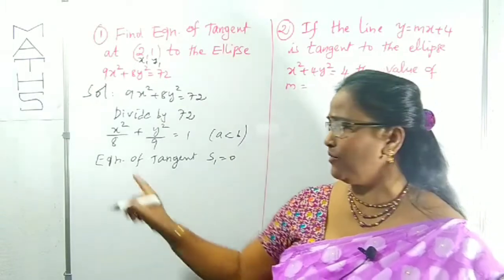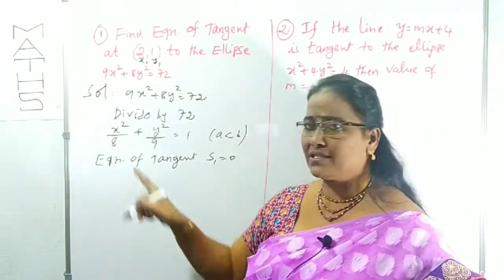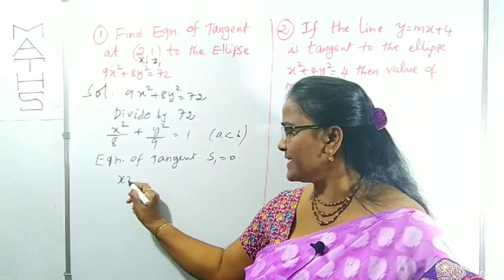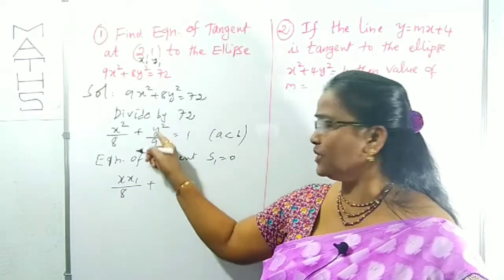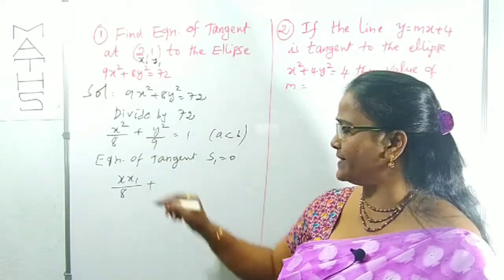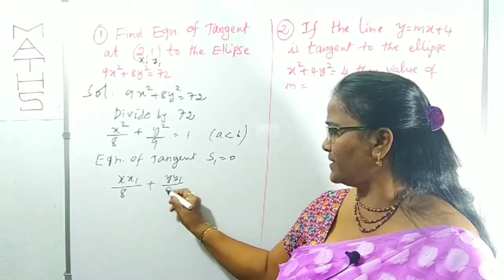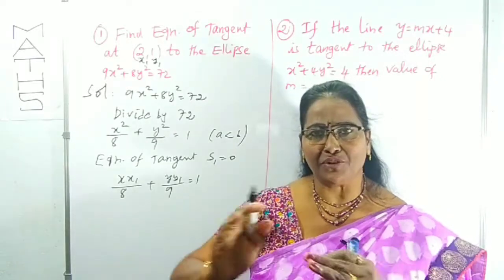According to the ellipse equation, what is S1? Splitting the second degree terms, x square we write as x x1 by 8, and the other second degree term y square we write as y y1 by 9, is equal to 1. This is only the splitting of S1 from S.